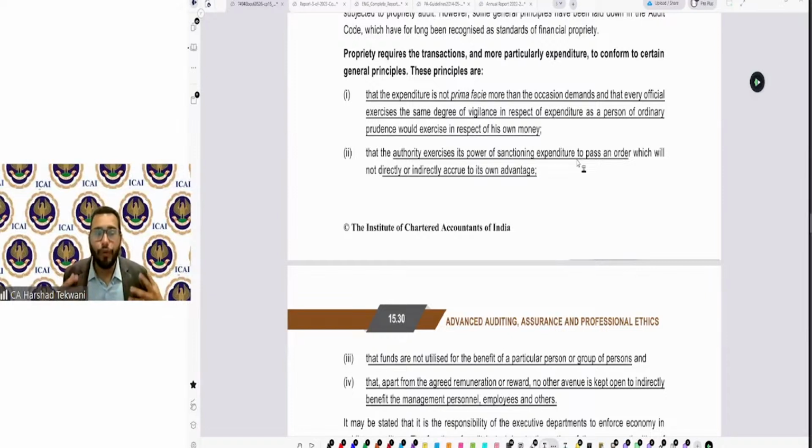So a lot of times you need to understand what the situation was at that particular point in time, what information was available, and whether the decision taken is appropriate with respect to that information. For example, let's say there was a construction of a dam on a particular river. The dam was constructed by seeing the flow of the water.